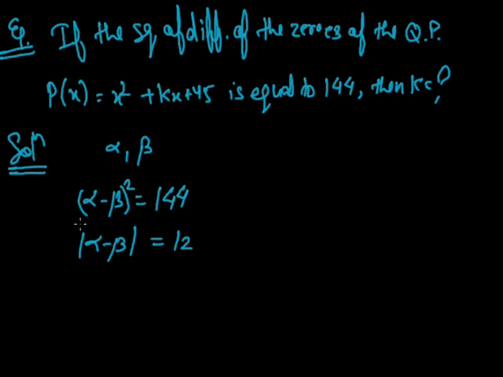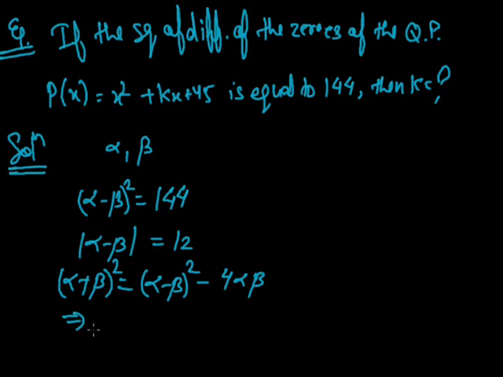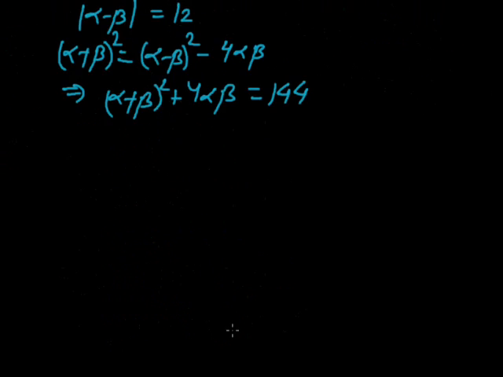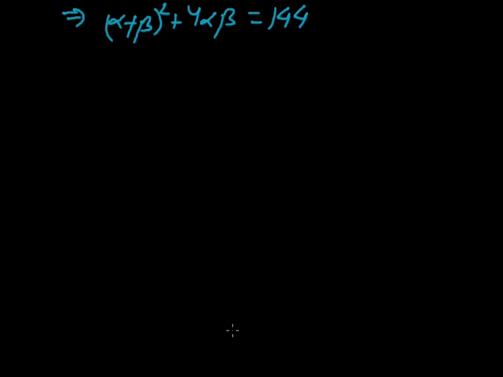As the difference is 12, we may find the value of alpha plus beta whole square, that is given by alpha minus beta whole square plus 4 alpha beta, so alpha plus beta whole square minus 4 alpha beta is equal to 144. Now, as we have studied the relationship between zeros and coefficients of the given polynomial, we may easily say that alpha plus beta is equal to minus k, and also alpha beta is equal to 45.